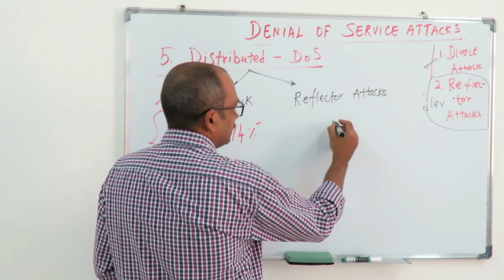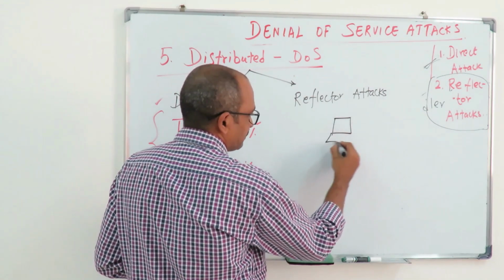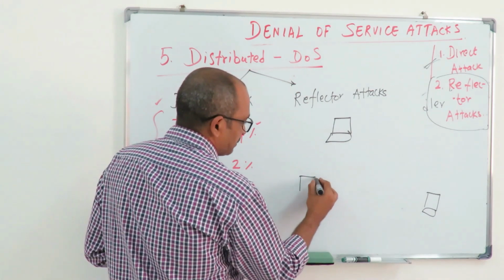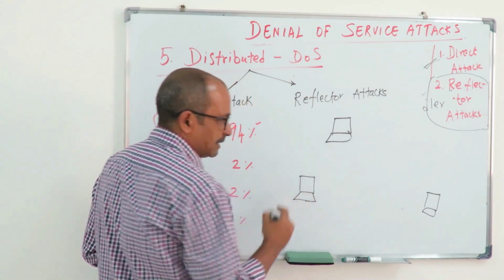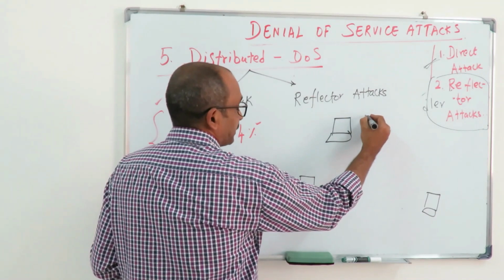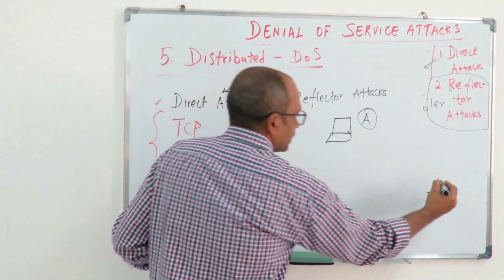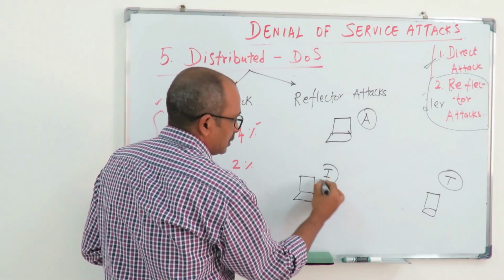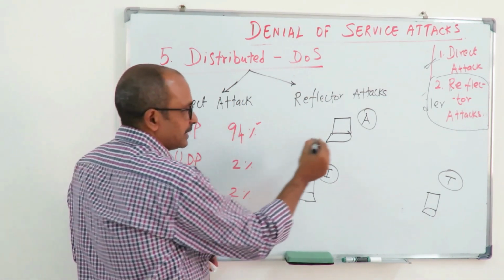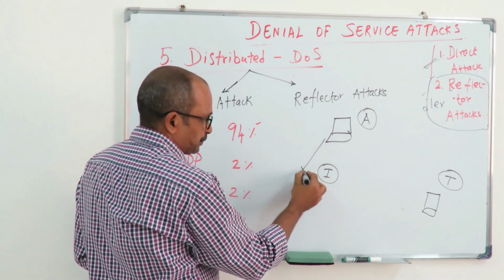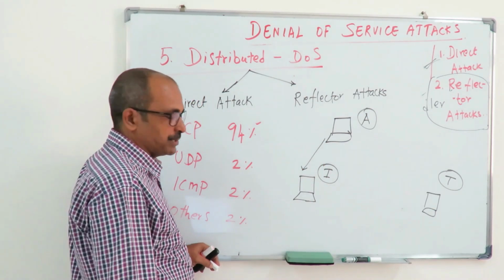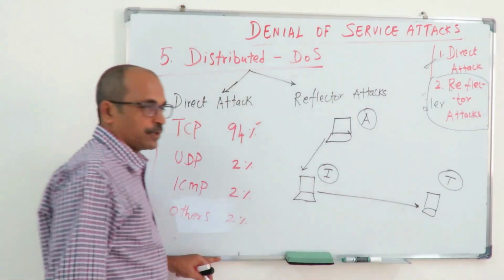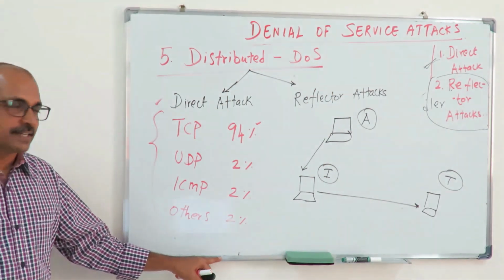This is the attacker, this is our target, and this is an intermediate machine, a third party. If it is a direct attack, the attacker gives the instruction to the intermediate machines, and then the intermediate machine simply attacks the target. So this is a direct attack.